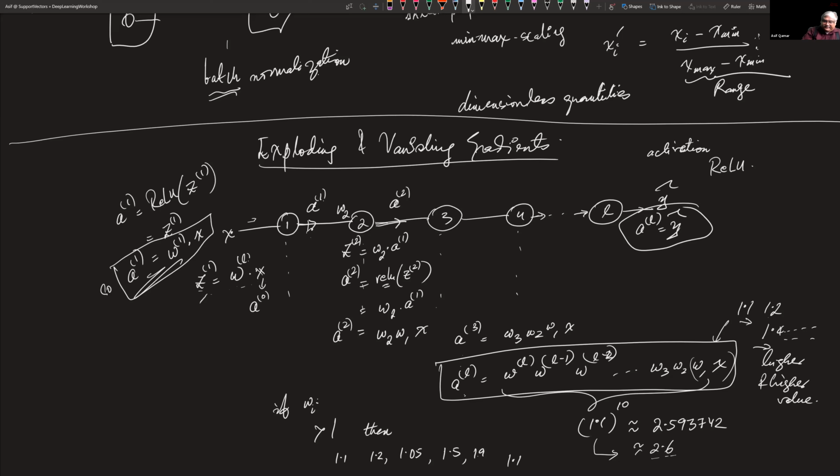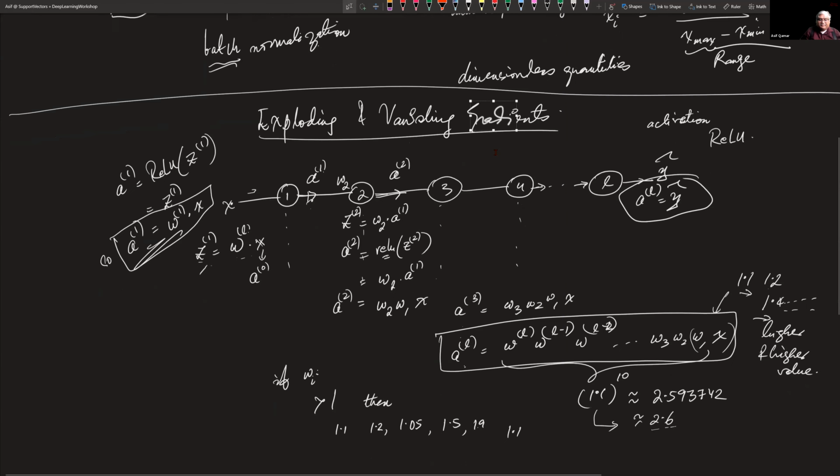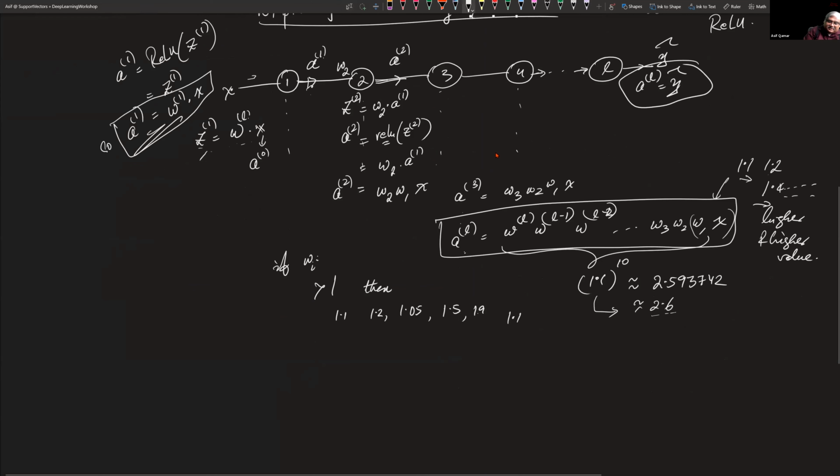And now take the fact that instead of 1.1, let us see what happens if it was something like 1.5, right? A little bit bigger. So you realize that 1.5 will go to 2.25, the square of this.